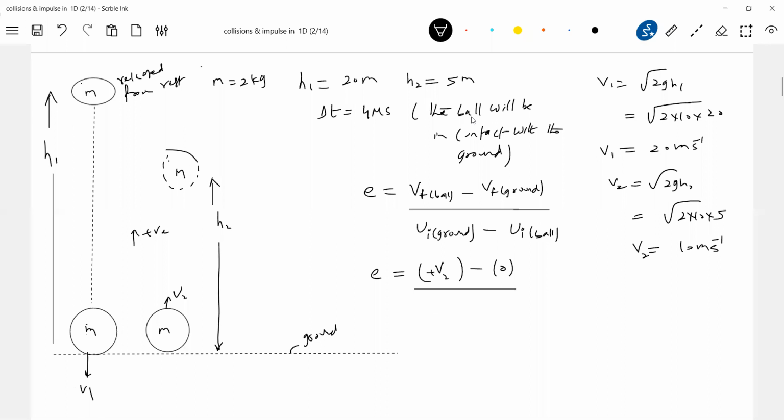Initial velocity of the ground will not move, no? So then initial velocity of ball minus V1. So this will become V2 by V1.